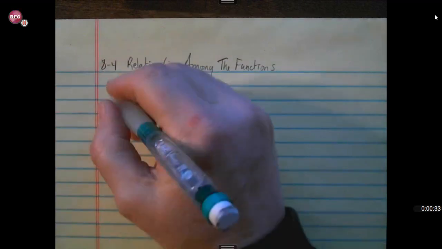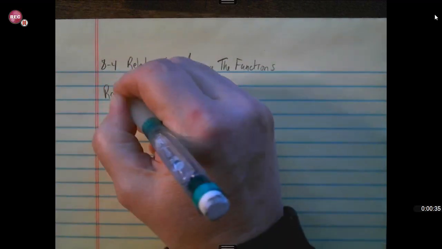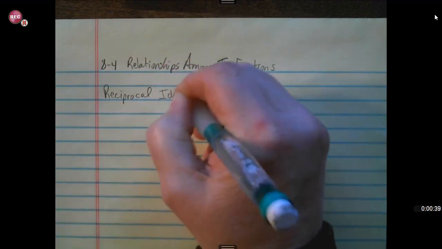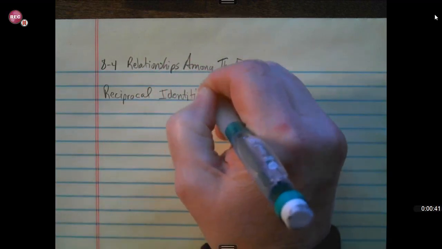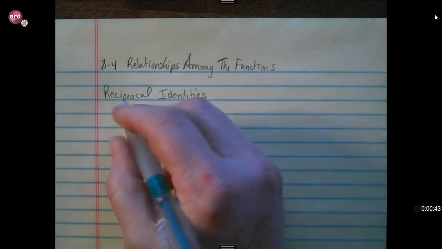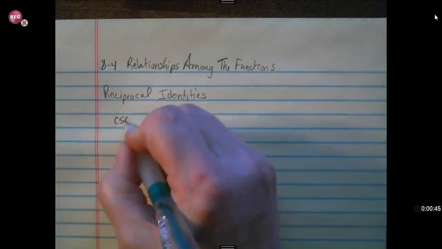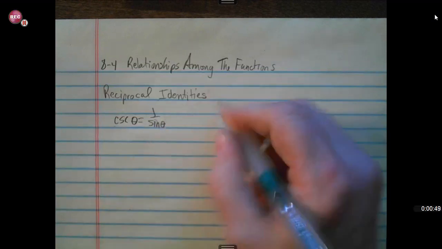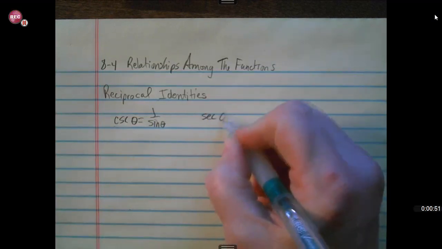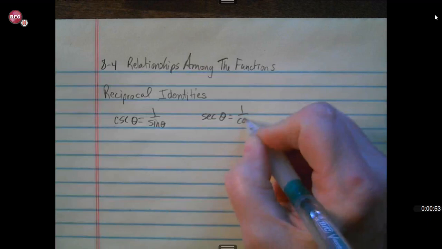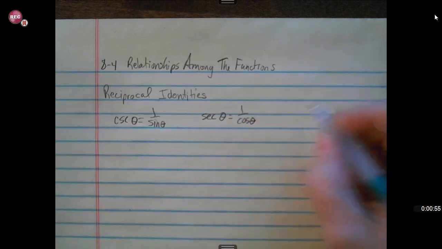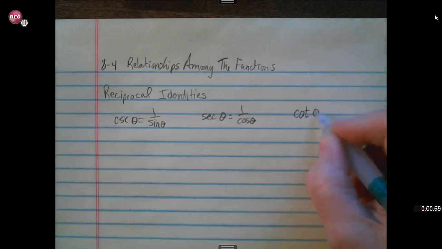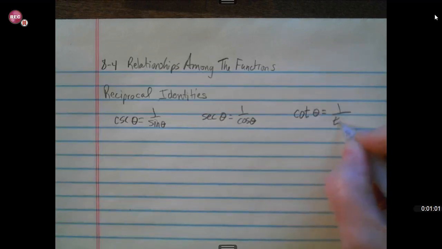So we have the reciprocal identities that we're already familiar with, such as the cosecant of theta is 1 over sine theta, and the secant of theta is 1 over cosine theta. And then for tangent, cotangent theta is 1 over tangent theta.